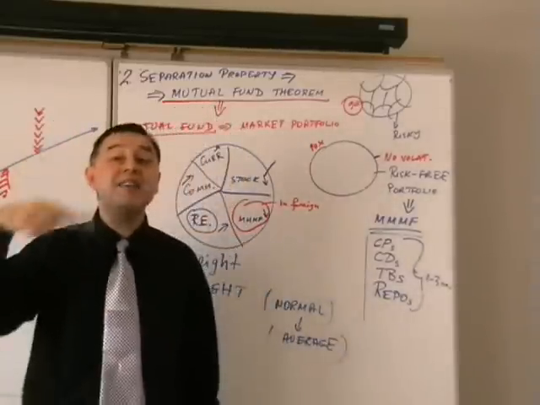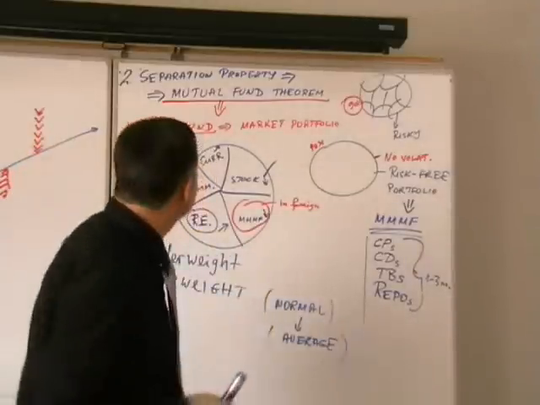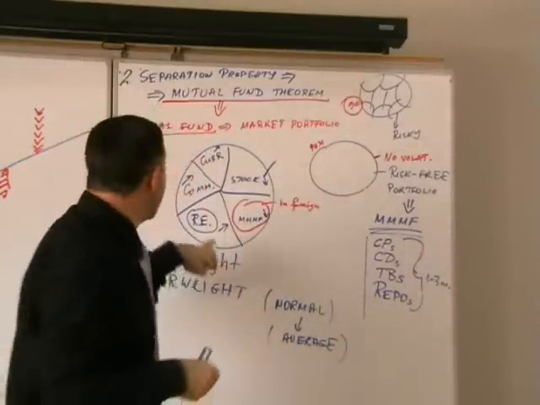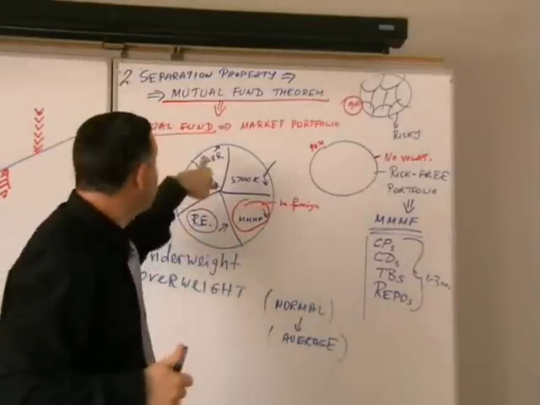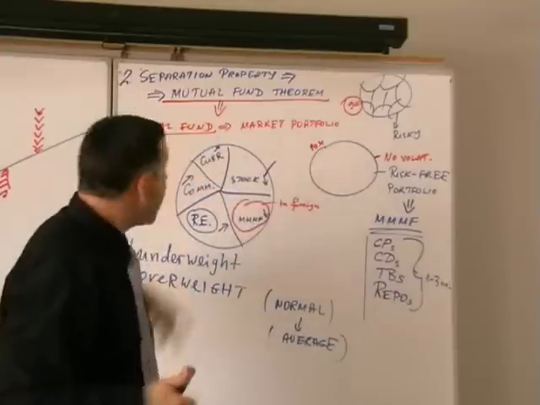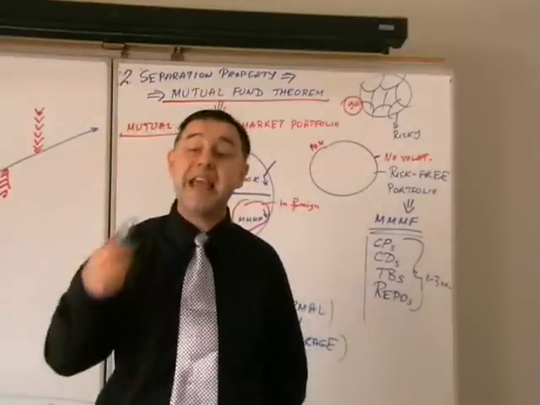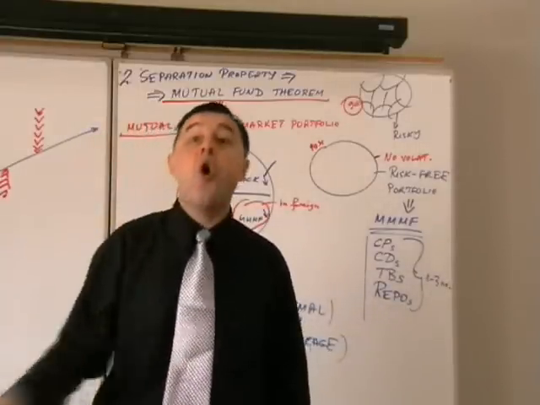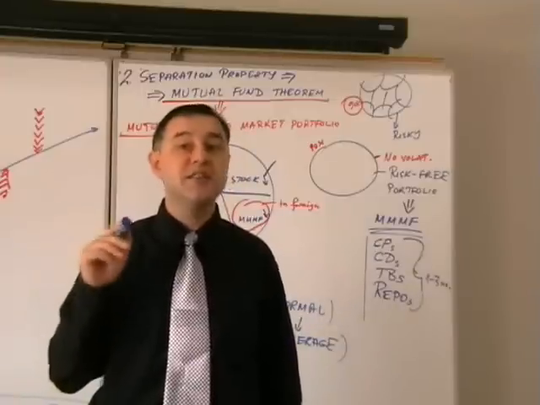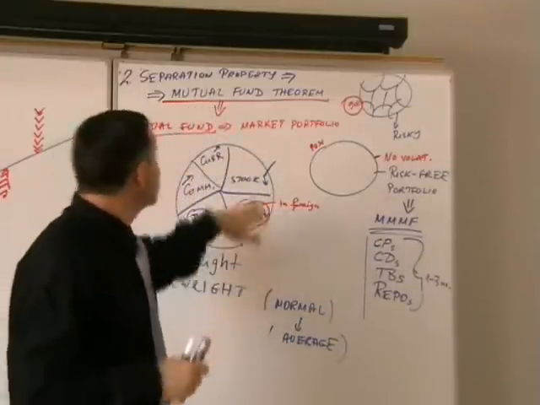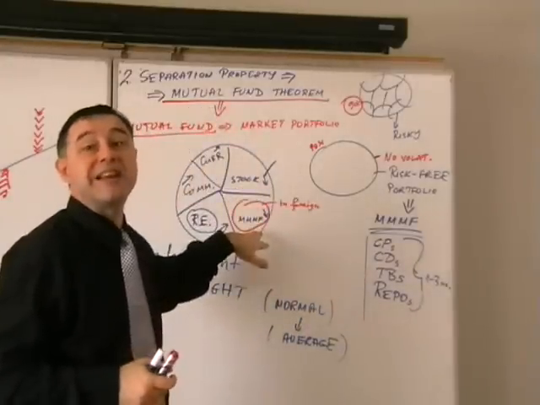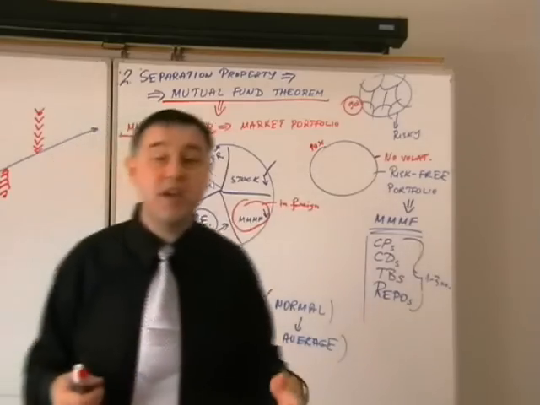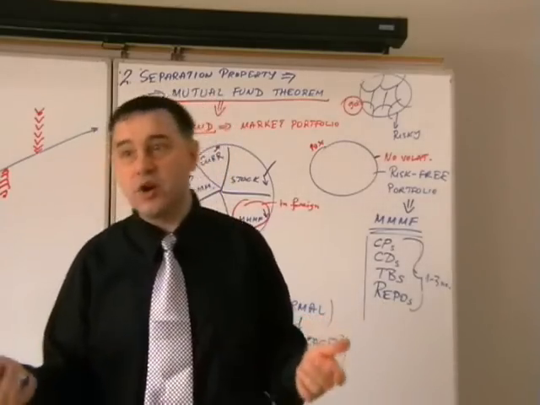In highly inflationary environments, you should be relatively overweight real estate and commodities and foreign currencies, and in relatively stable inflationary environments, stocks and bonds typically outperform, and you should be overweight in those.